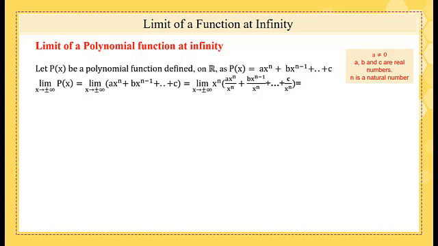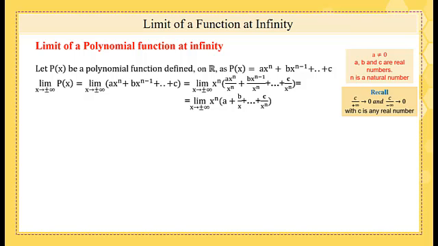The limit of p of x as x tends to plus or minus infinity, by taking x^n as a common factor from this polynomial, we get the limit of x^n times (a plus b over x plus c over x^n) as x tends to plus or minus infinity.